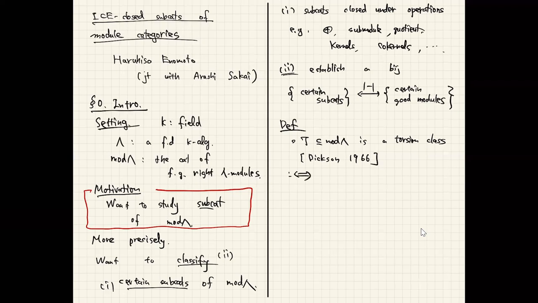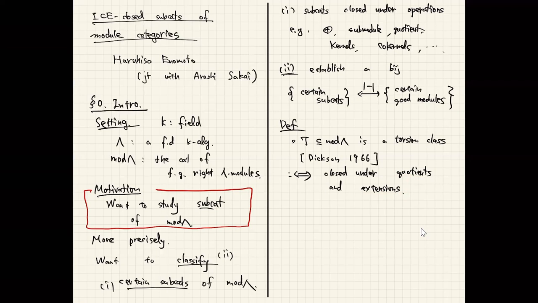T is a torsion class if T is closed under some operations, namely closed under quotients and extensions. I will later explain what this exactly means, but a torsion class is defined by these conditions.